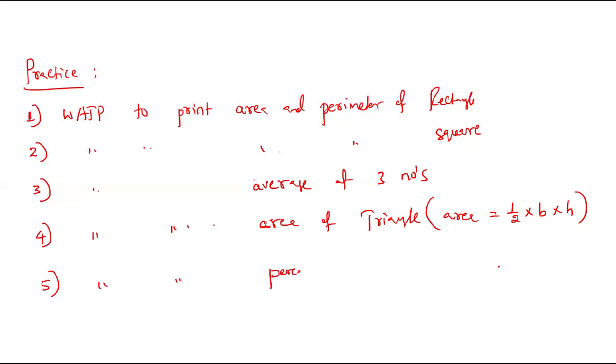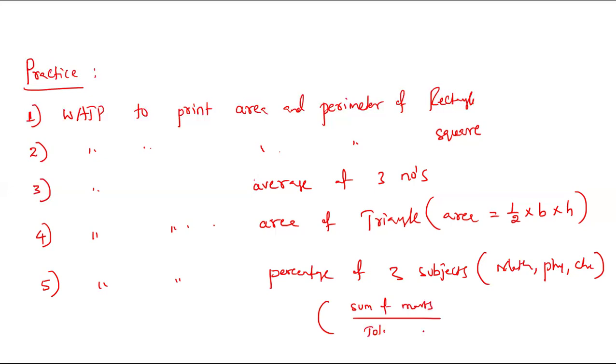Let me take something like math, then physics and chemistry. So you can take the same as variable names. What's the percentage formula? Sum of marks obtained divided by total marks, not the total number of subjects, total marks, then into 100. Again, this is a math formula.